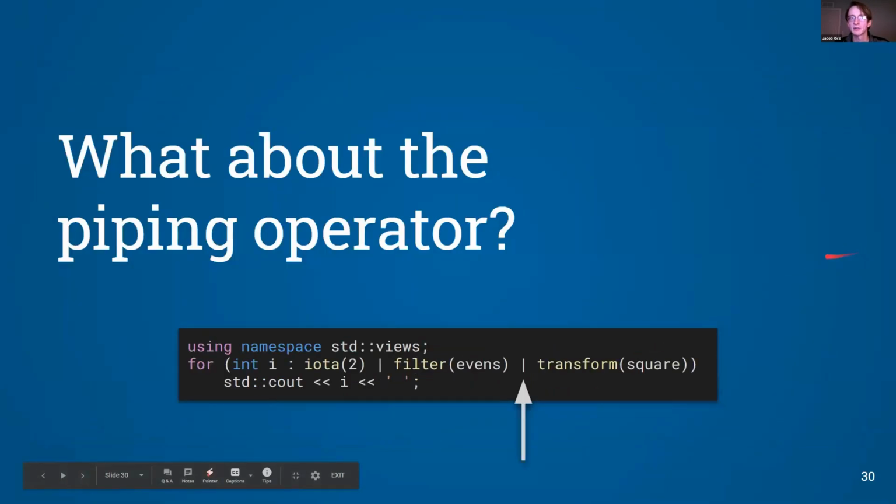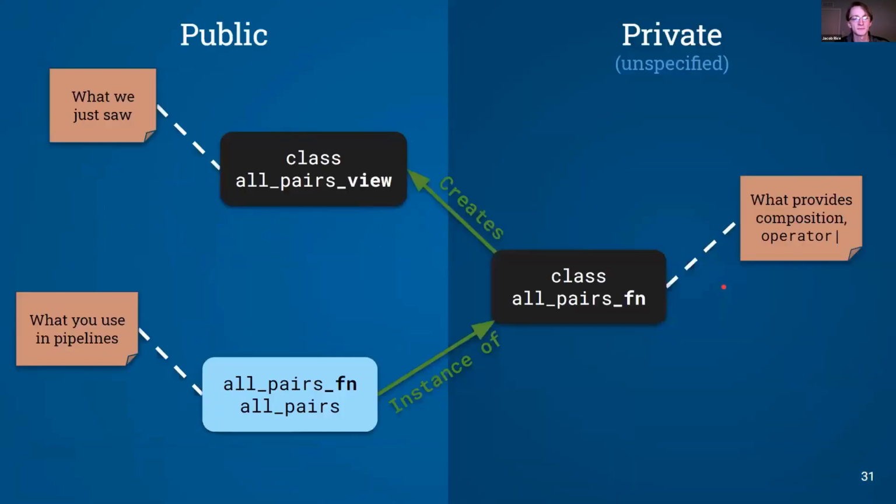But what about the piping operator? Because that's actually one of the coolest parts of views, right? This is the normal structure for how a piping operator works. I just showed you the all pairs view. In the standard, this would be like filter view. There is a private unspecified class.